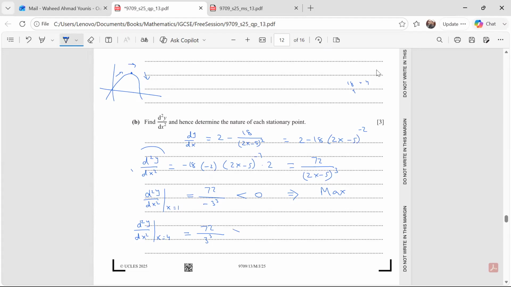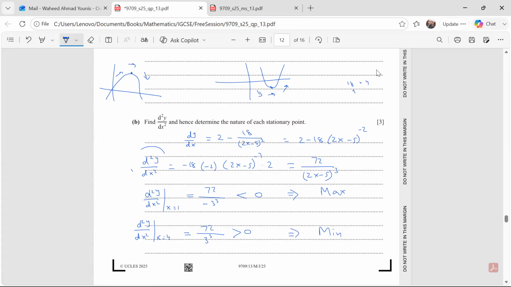Again, this is a positive quantity, which means it is a minimum point. Again, let me explain. If we have a minimum point, the slope here was negative, slope here is 0, and slope here is positive. So as x is increasing, the slope is increasing. Since the slope is increasing, the second derivative is positive. That's why it's a minimum point.